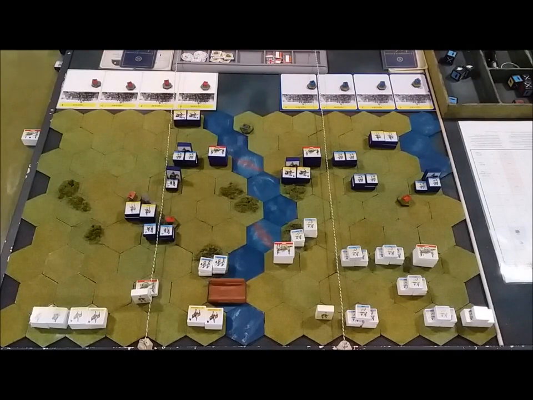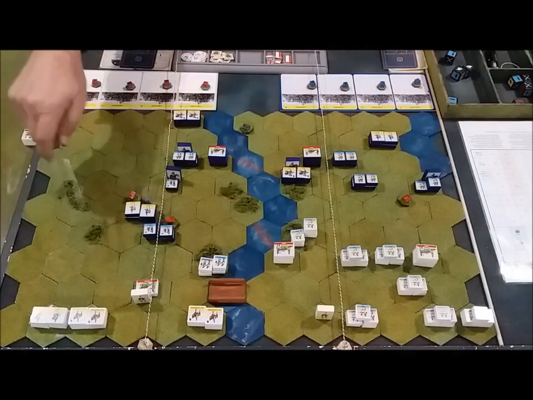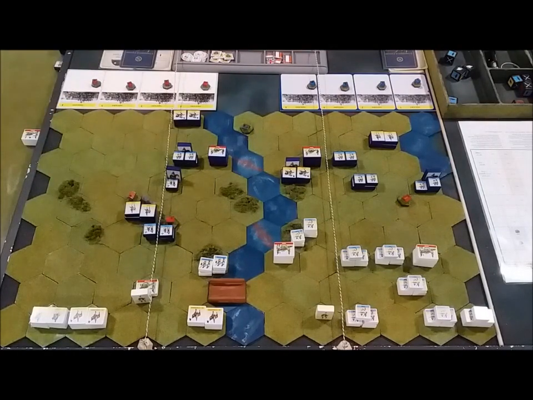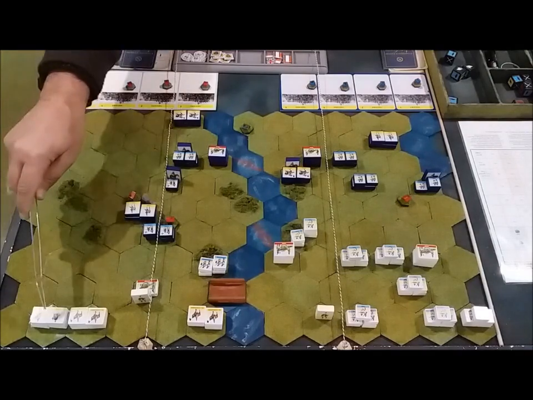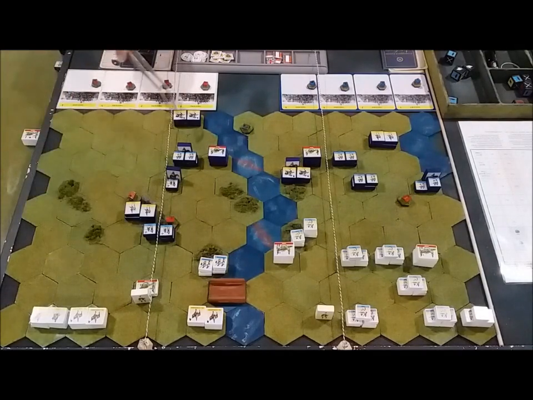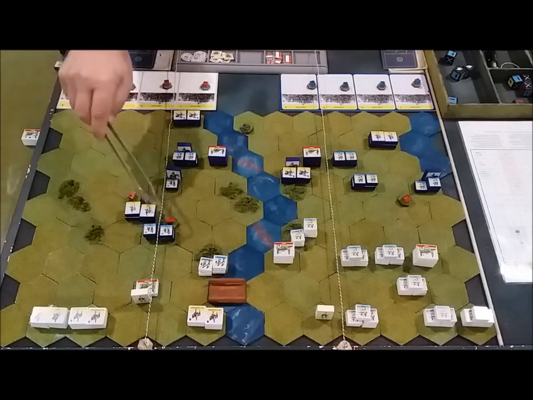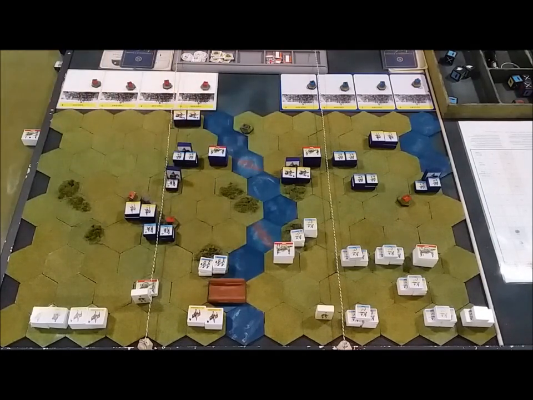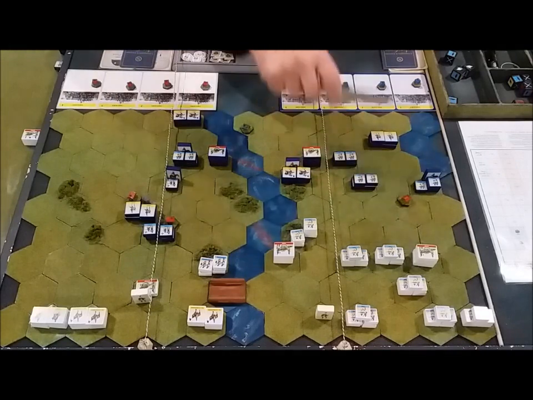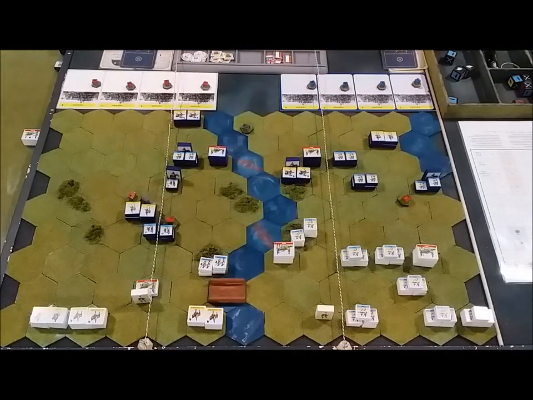Righto. So the Austrian left flank is still looking relatively good, but we need to get these guys moving up and around to bring some pressure, cut these off so we can come through and take them out. The Austrian right flank's looking very good at the moment, and the centre's relatively strong as well.